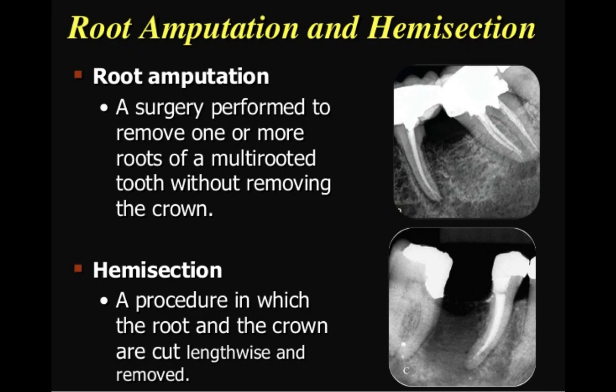Pay attention here: after raising the flap, we should amputate the root where there is an excess of filling material, maybe inflammation, maybe granuloma, maybe abscess or something which we cannot treat. That's why we have to keep the crown part and amputate the root part.